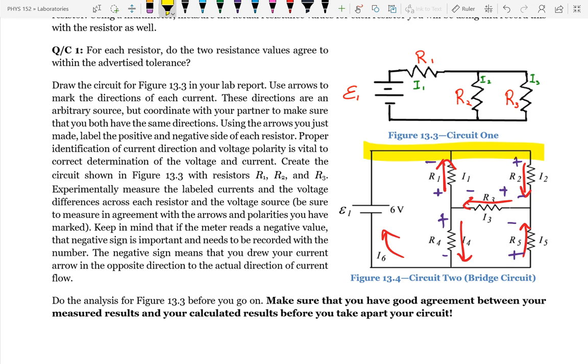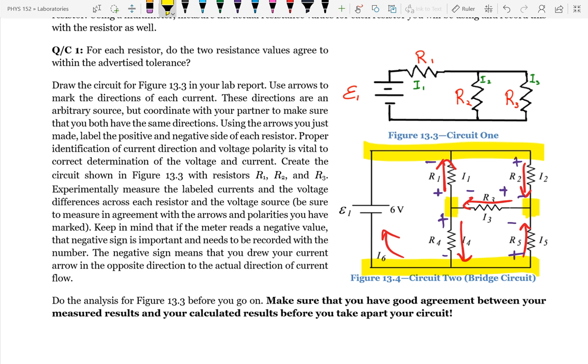There's one essential node, a second, a third, and a fourth. You're going to choose 3 of those nodes and write a Kirchhoff's current law equation for each. Remember, the sum of the currents is 0, or sum in equals sum out. It's up to you how you do it. So you're going to have 3 equations that come from nodes.